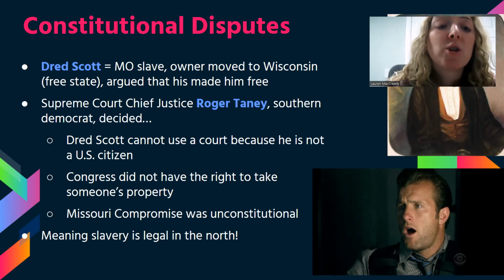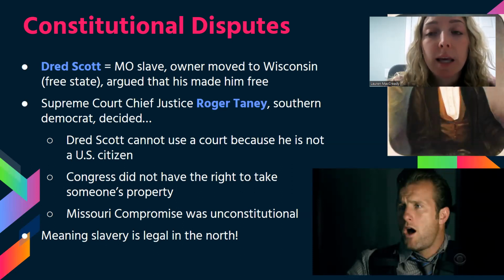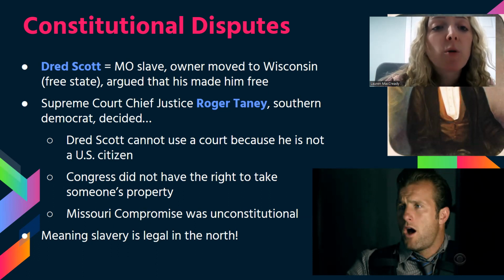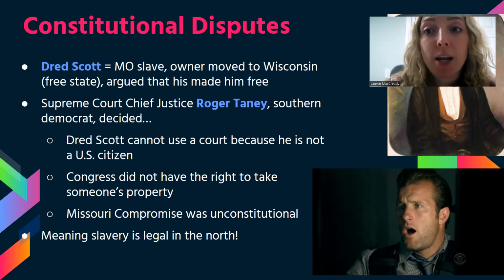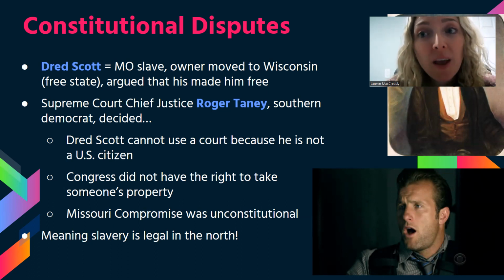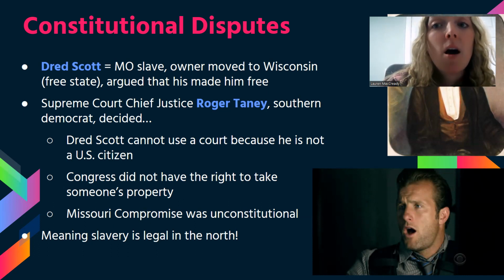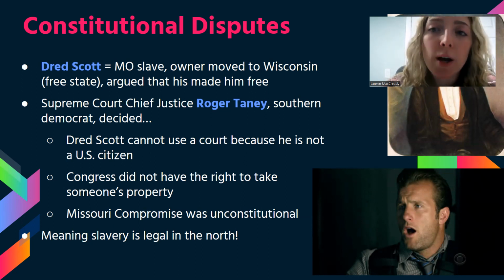So Dred Scott is a Missouri slave whose owner moved to Wisconsin, a free state, and took him with him. And Dred Scott is arguing that now, crossing into a free state territory, he is automatically free. It goes all the way up to the Supreme Court. And Supreme Court Chief Justice Roger Taney, who should be noted is a Southern slave-owning Democrat himself, as well as the majority of the Supreme Court justices at the time, ultimately decide that Dred Scott didn't even have the right to sue anyone because he's not a citizen, he's property.